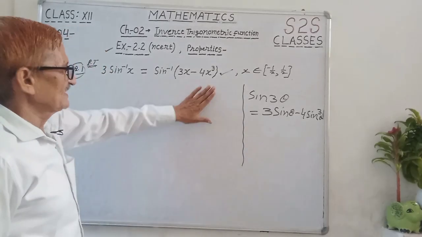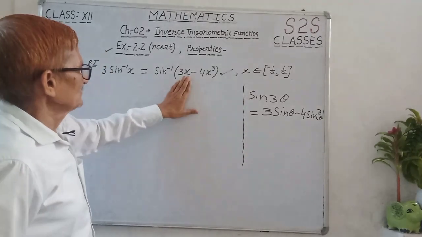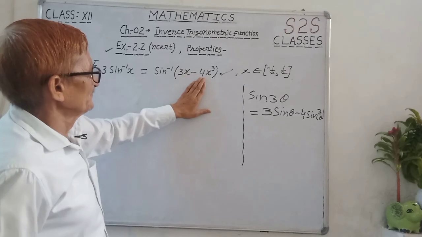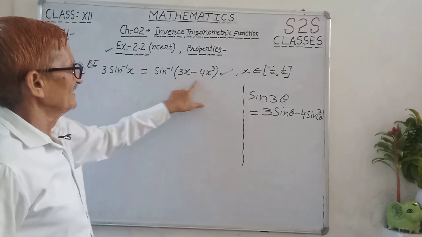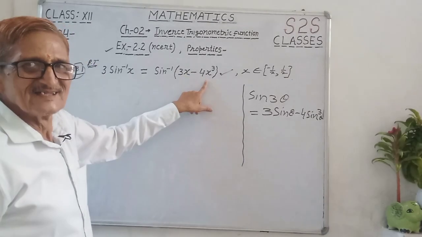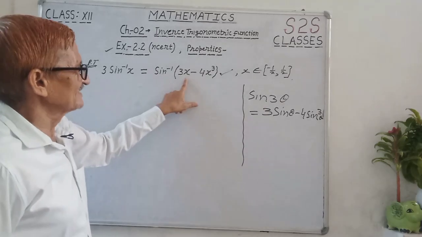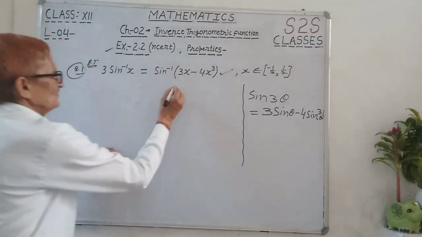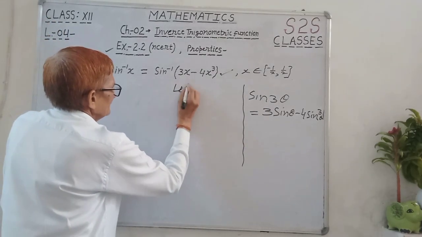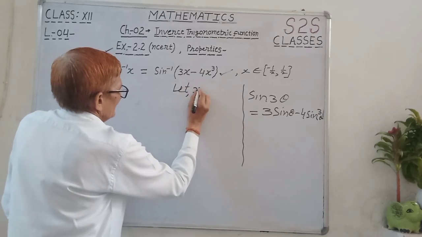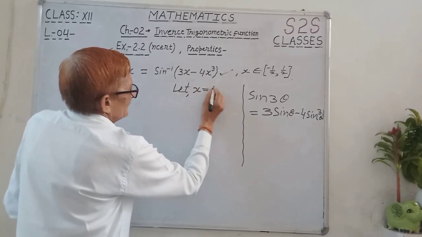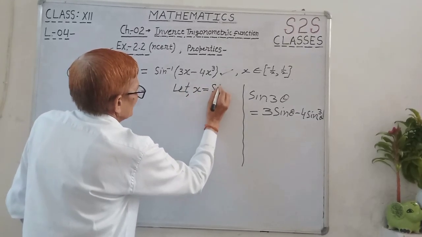So because 3 sin theta minus 4 sin cube theta is inside, and it is the sin 3 theta formula, we should take x equal to sin theta. So let x be equal to sin theta.